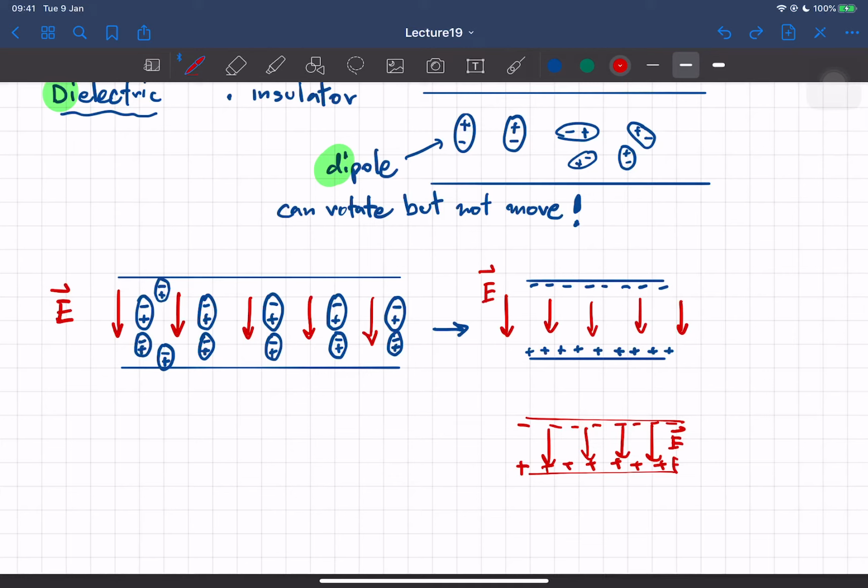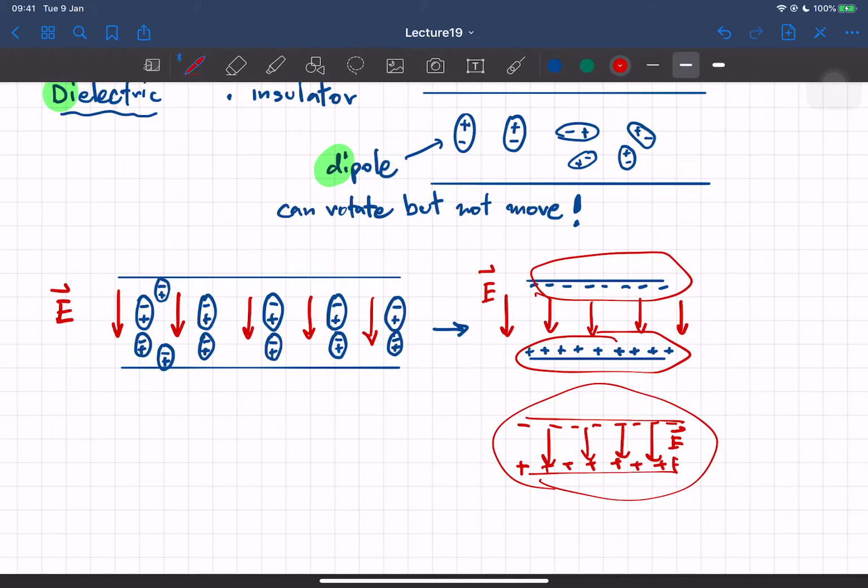It doesn't have to be a conductor to have this, right? If you have a conductor, yeah, sure, you're going to have something like this because charge can move around, so there's no problem. But this is an insulator, this is a dielectric, right? It has this behavior of separating the charge, even though it's not a conductor. It does that by rotating a lot of dipoles in the material itself.